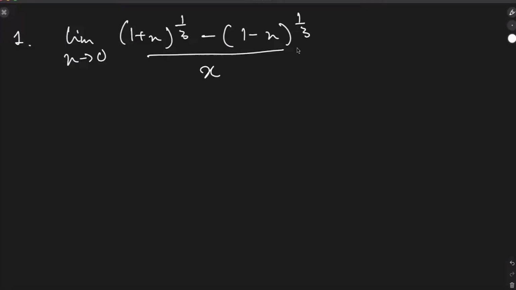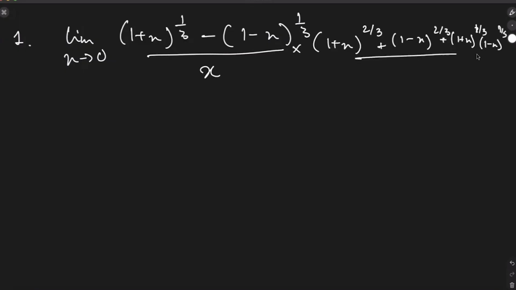Alright, and if I just multiply by (1 plus x) raised to the power of 2 by 3 plus (1 minus x) raised to the power of 2 by 3 plus (1 plus x) raised to the power of 1 by 3 into (1 minus x) raised to the power of 1 by 3, the same thing will be in the denominator as well.